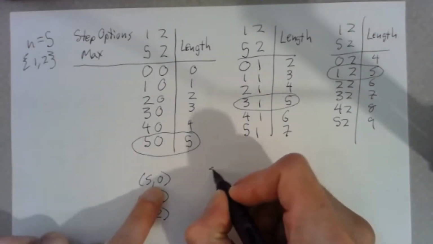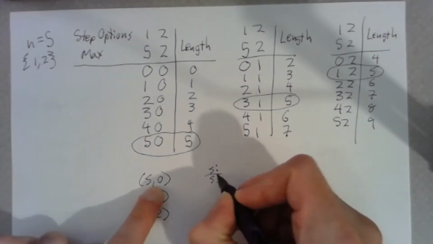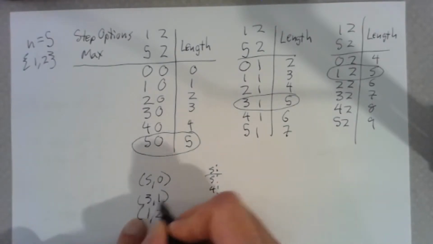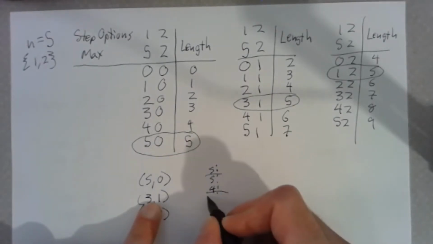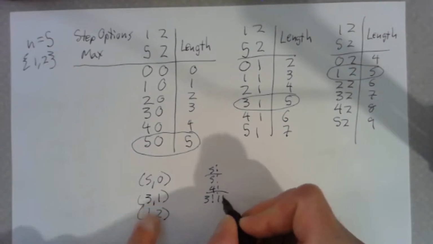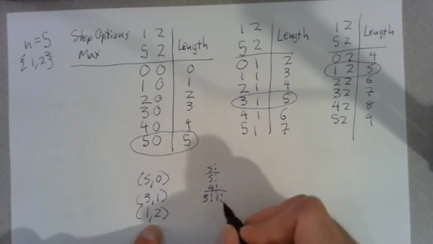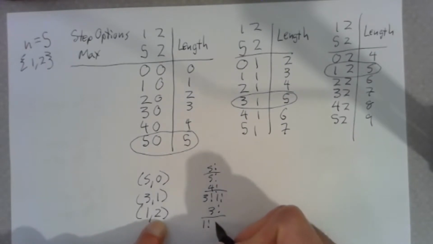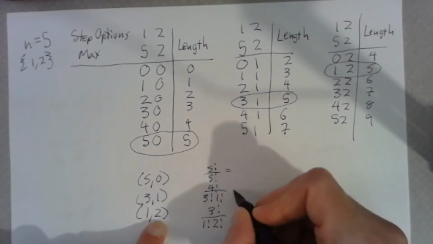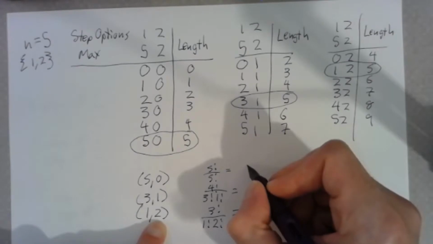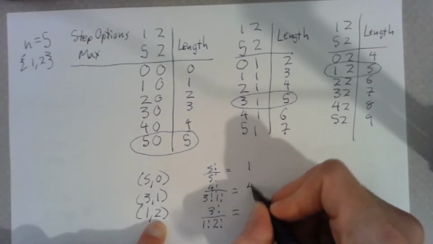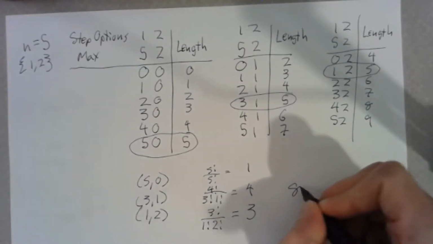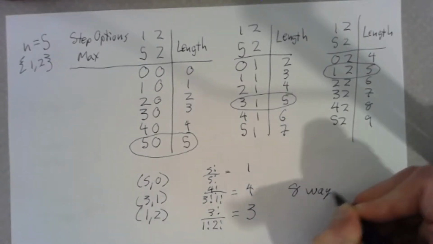So this one would be 5 factorial over 5 factorial. This one would be 4 factorial, our 4 total objects, divided by 3 factorial, 1 factorial. And then the last one, 3 total objects, 1 factorial, 2 factorial. And then each one of these, just like before, gives us a certain number of ways. This one totaling up to 8 ways.